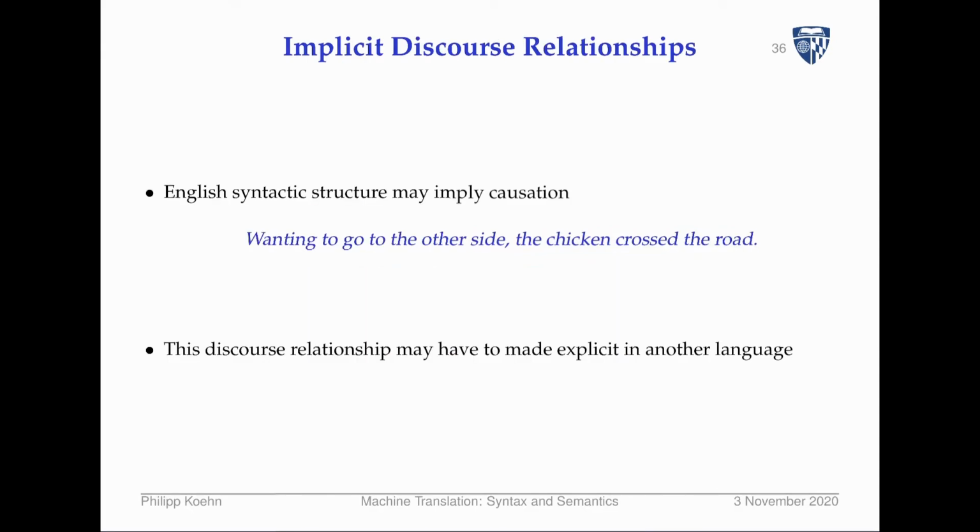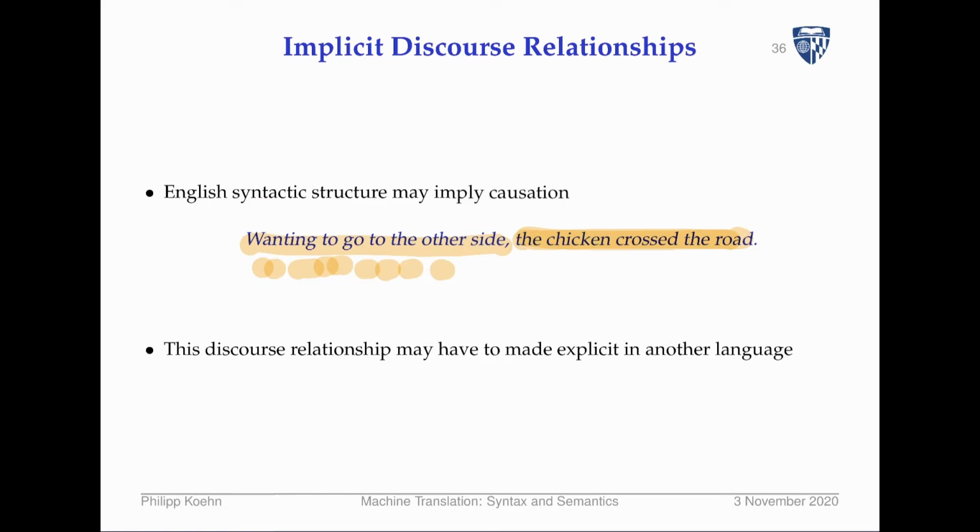Discourse relationships might actually be also expressed much more implicitly than just with a particular verb. Here is one example: wanting to go to the other side, the chicken crossed the road. There's a very clear implied discourse relationship here, where the chicken crossed the road and this is the reason for it.